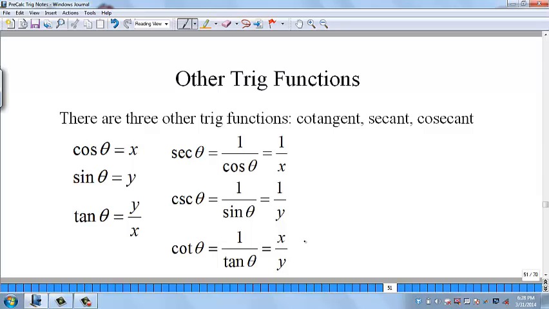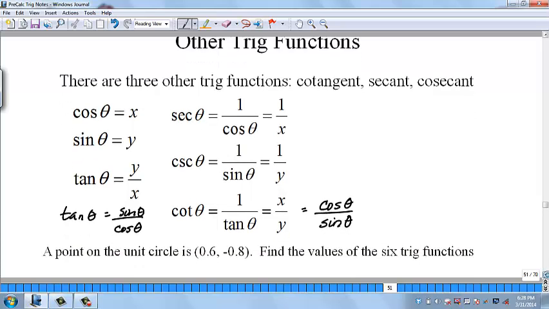You can also write cotangent as cosine of theta over sine of theta, because tangent is really sine of theta over cosine of theta. And I have a sheet in your packet that has everything in there.